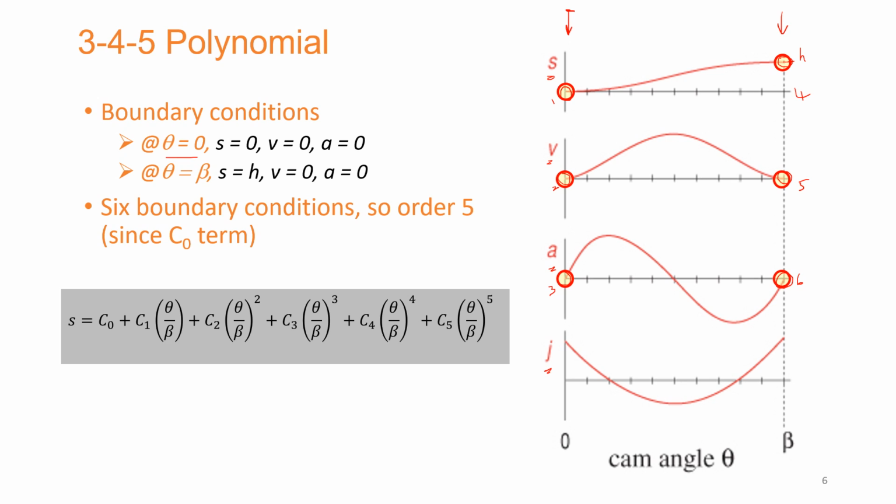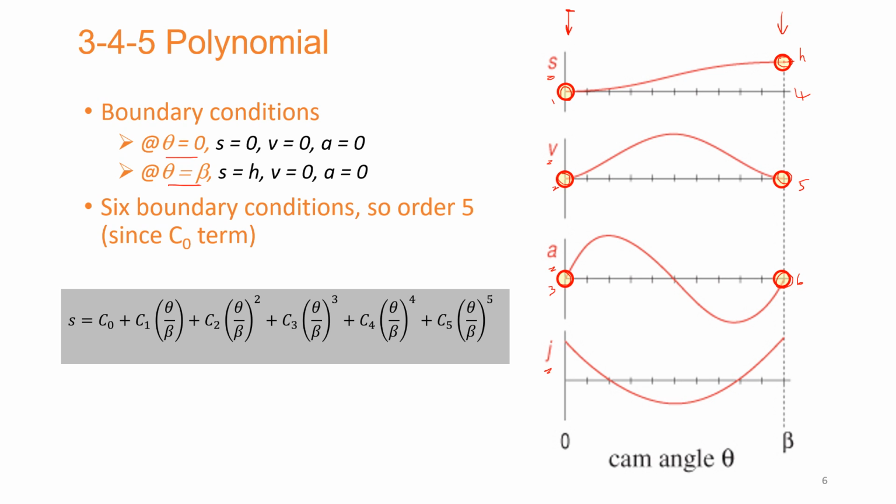And when theta becomes equal to beta, S is equal to H, which is the predefined height that we wish to achieve in our rise scenario. V gets back to the 0 value, acceleration is 0 once again. So when theta is equal to beta, you have achieved these further 3 boundary conditions.